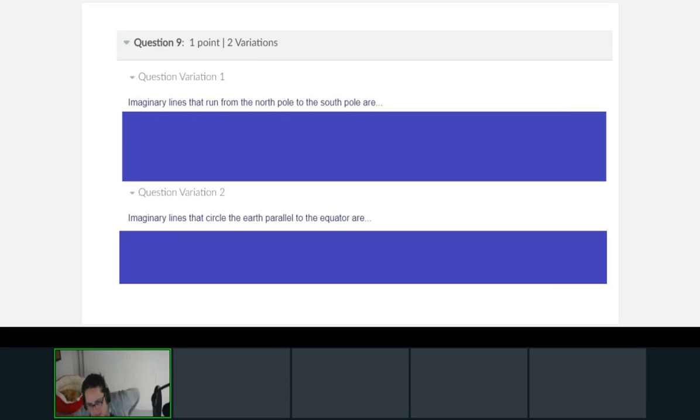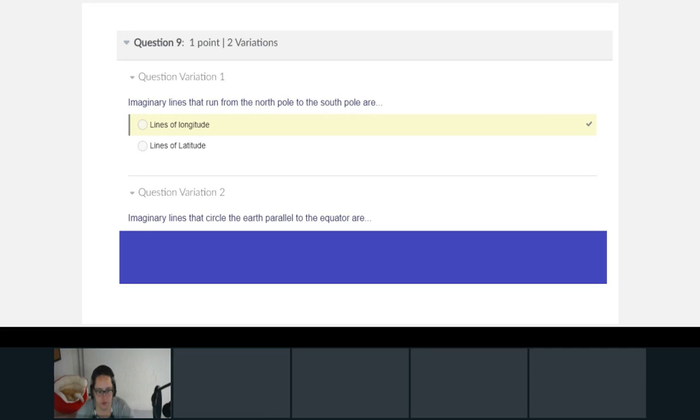And if you were in class today, we did talk about how different mouth sounds can kind of give you a hint as to what it is. So remember that lines of longitude are vertical. Lines of latitude are horizontal. So if we're going from North Pole to South Pole, those are vertical lines, or lines of longitude.